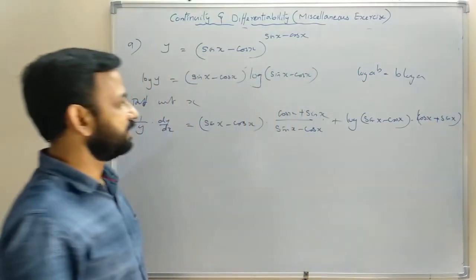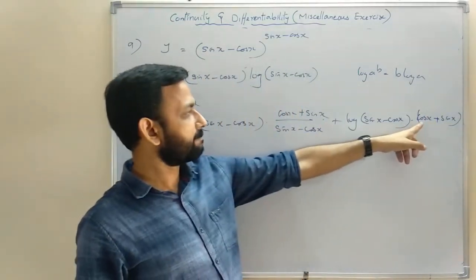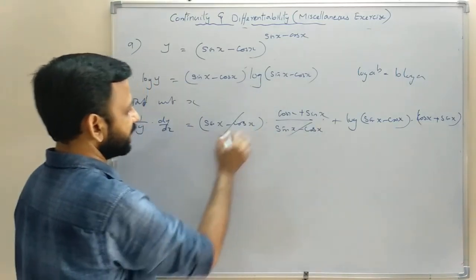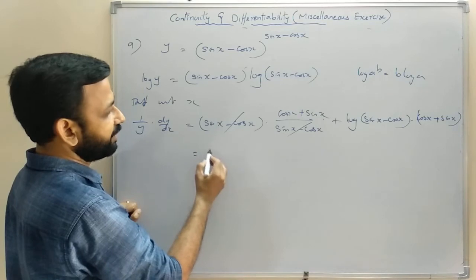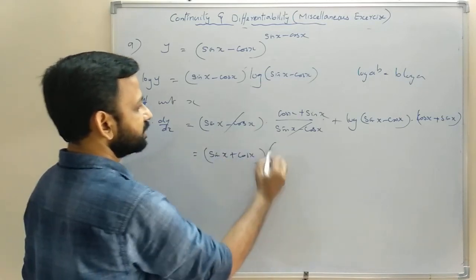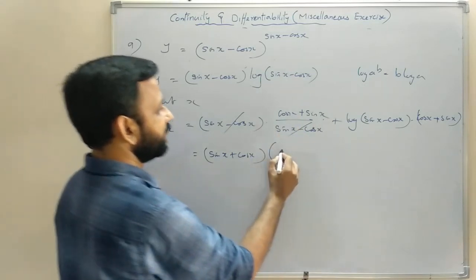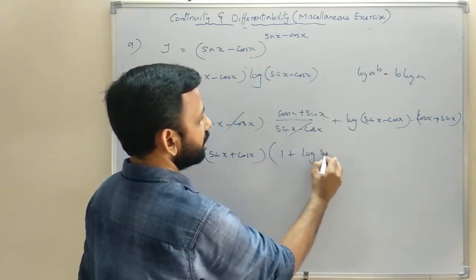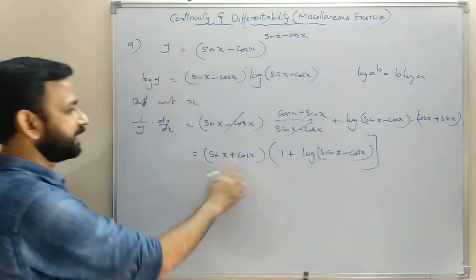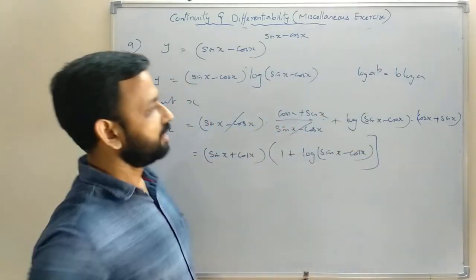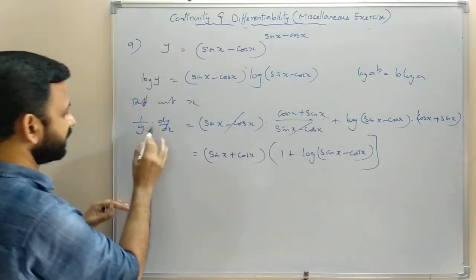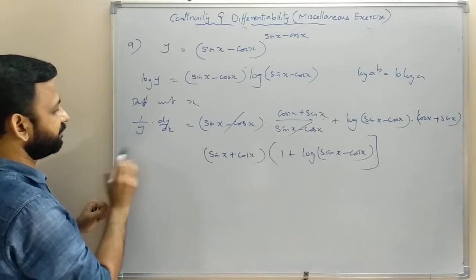So now we can take sin x plus cos x common, and here sin x minus cos x cancels. When we take sin x plus cos x outside, inside the bracket I think we will get 1 plus log sin x minus cos x. So that is 1 upon y into dy by dx.